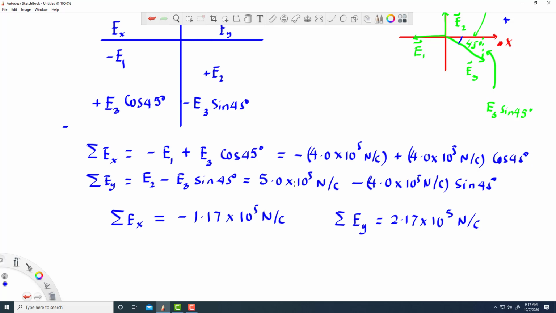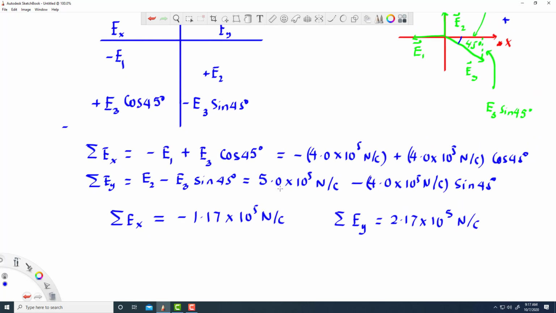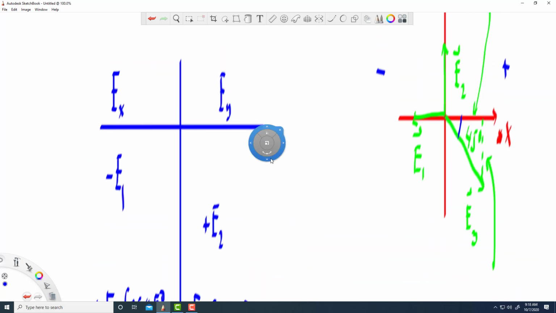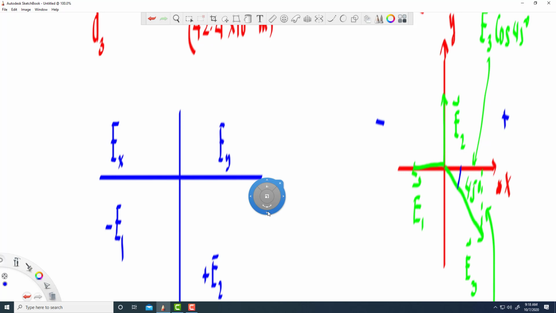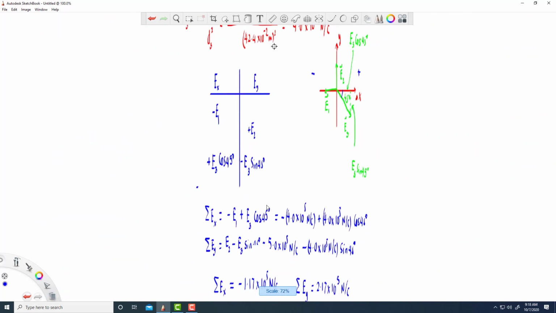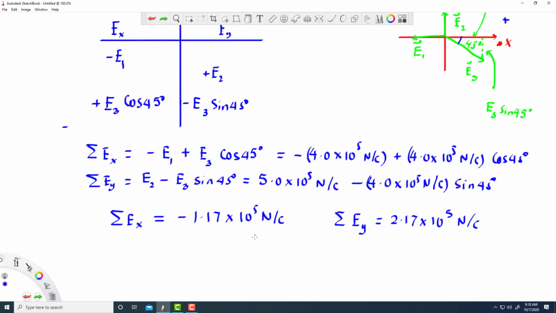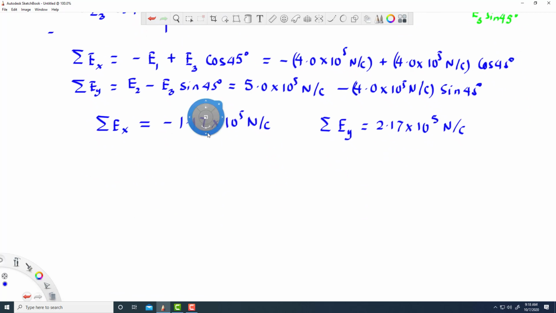To get the net, do you guys remember what you do to get the net electric field? Yes. Oh no, what happened? Okay. So yes, you use Pythagoras theorem to get the net.